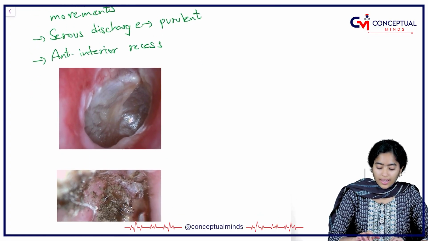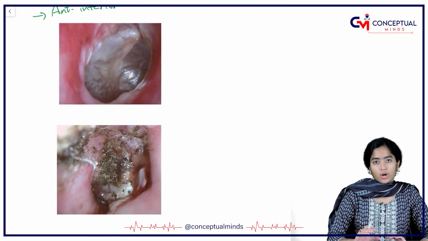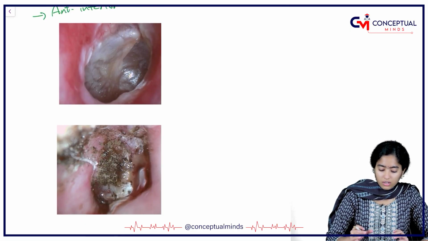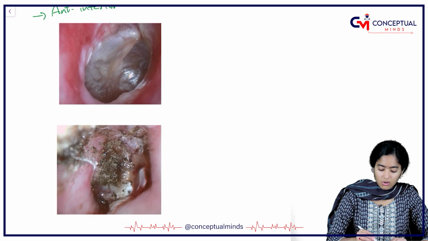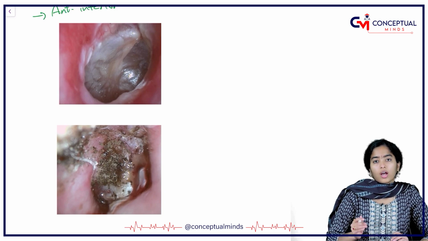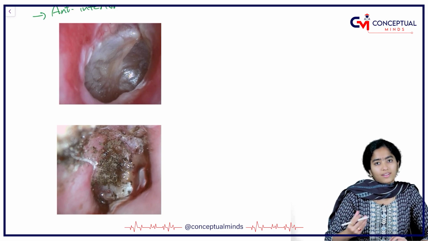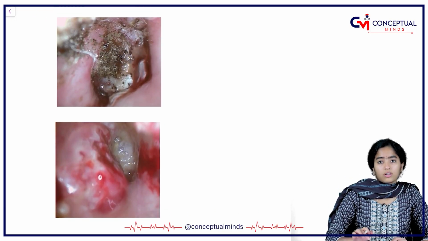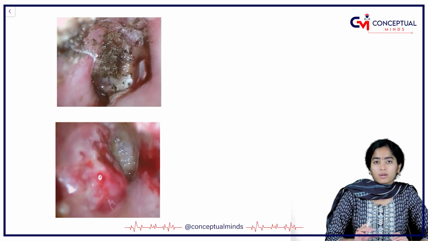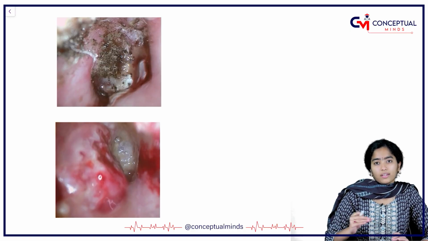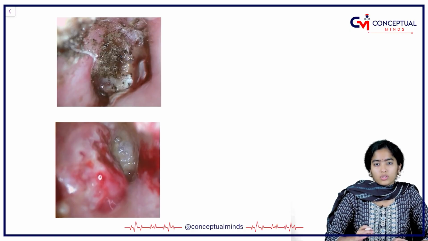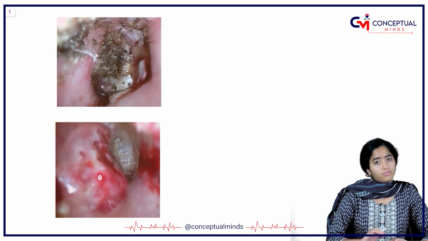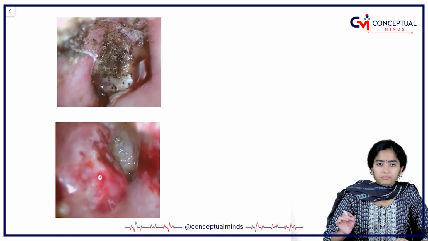And in the next stage, if it is a moderate kind of disease, you can see it is almost filled with discharge, and because of the swelling, even the canal becomes narrow. And in severe form of disease, the external auditory canal, the skin lining it, becomes totally edematous, making the canal very narrow. So these are the three phases, and of course in the severe phase, the pain is also excruciating.